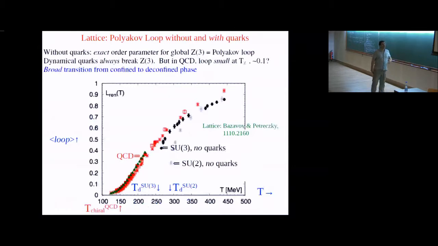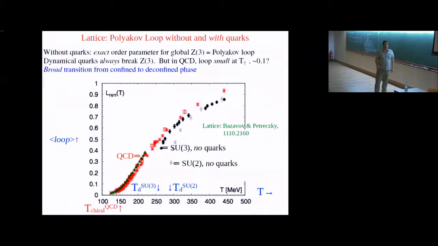The other thing we can measure is the Polyakov loop. This is an exact order parameter in the pure gauge theory. So in the pure gauge theory, I'll look at these black points. This is for SU(3). It's non-zero, and then it drops strictly to 0.